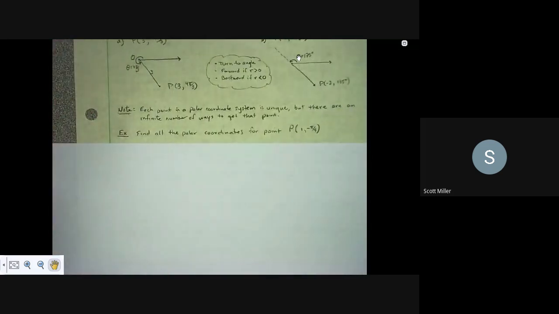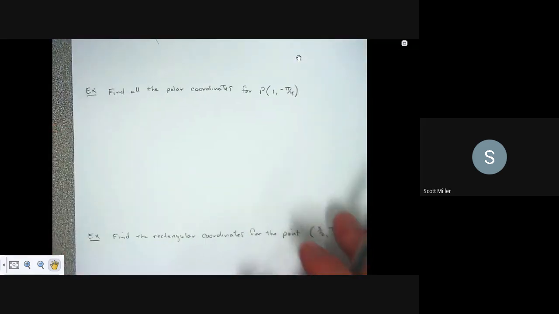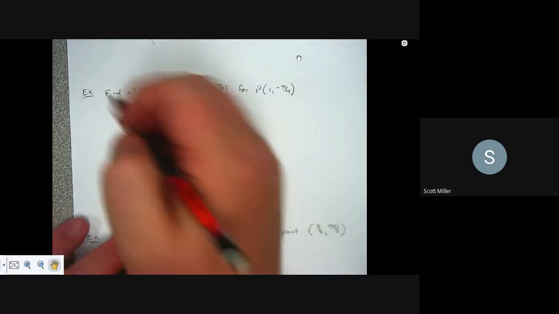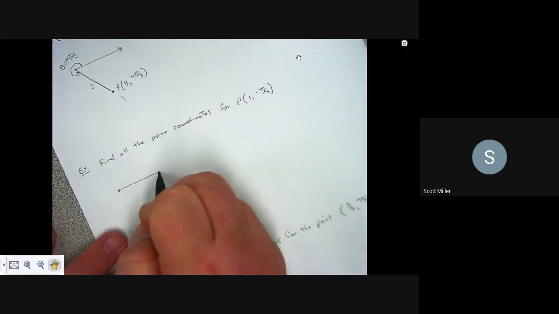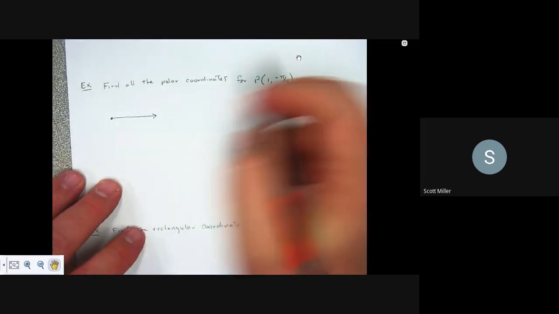So, find all the polar coordinates for this point: 1, and then negative pi over 4. Okay? So doing the same thing we did before, we're going to draw our picture. So here's the pole. Here's the polar axis. I'm going to go to negative pi over 4. So it's a negative, so I'm going in a clockwise direction.